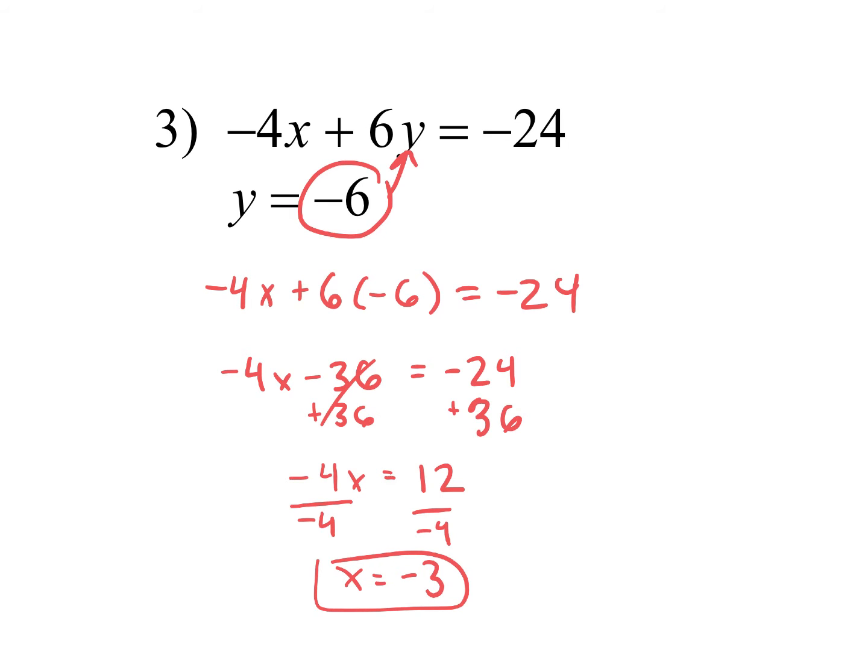I could plug in negative 3 into x here, but what's y? Y is negative 6. It gave me that right off the bat, so that's already my answer. So how would I write my answer? Negative 3, comma negative 6. If you plug it back in, you'll get negative 6 also. It's just more work.